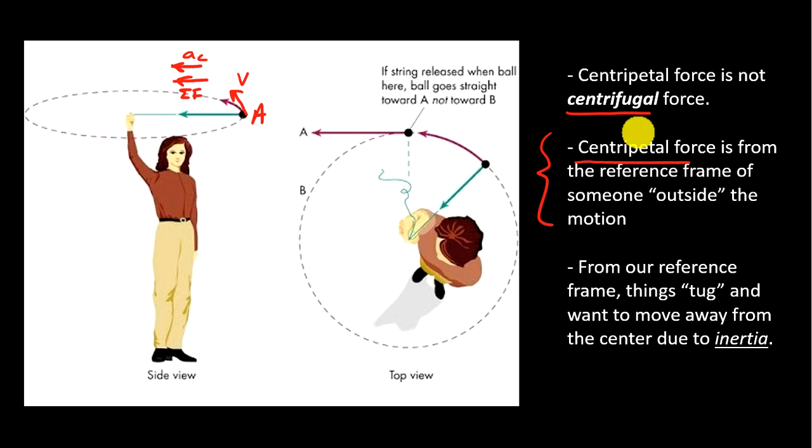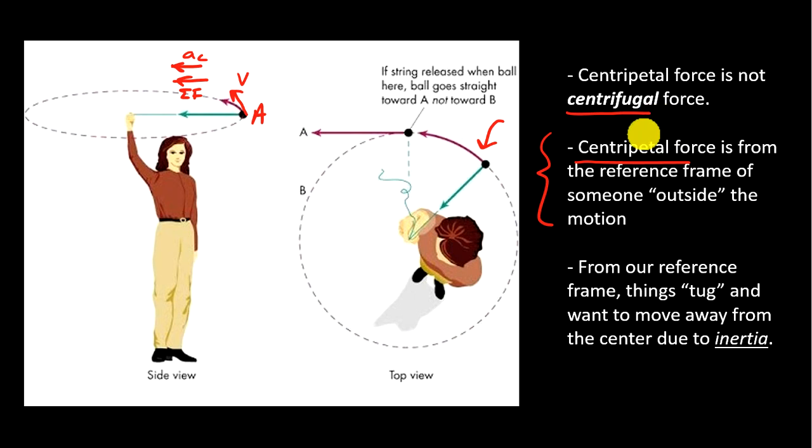Centrifugal is if you take a rotating reference frame. If we were inside the ball, trying to notice what forces are acting on us as we're being whirled around, then the term centrifugal force would be appropriate. Likewise, if you're in a car and someone cranks the wheel to the left, it feels like you're thrown against the side of the car, and then you could talk about centrifugal.